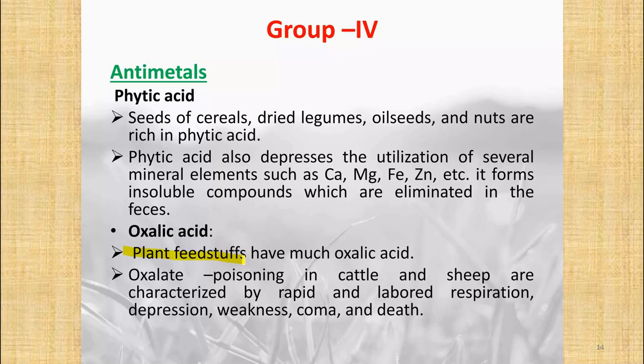The oxalic acid is secreted in animals that are getting a very high nutritious diet with a lot of energy. Then, what are the clinical signs of oxalate poisoning? Whenever oxalate is absorbed into the circulation, the LD50 is known to be 1 milligram per kg body weight. It is very, very low.